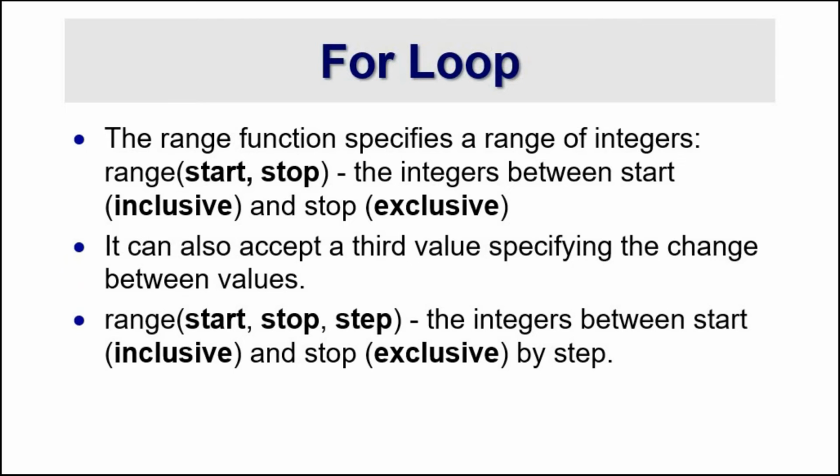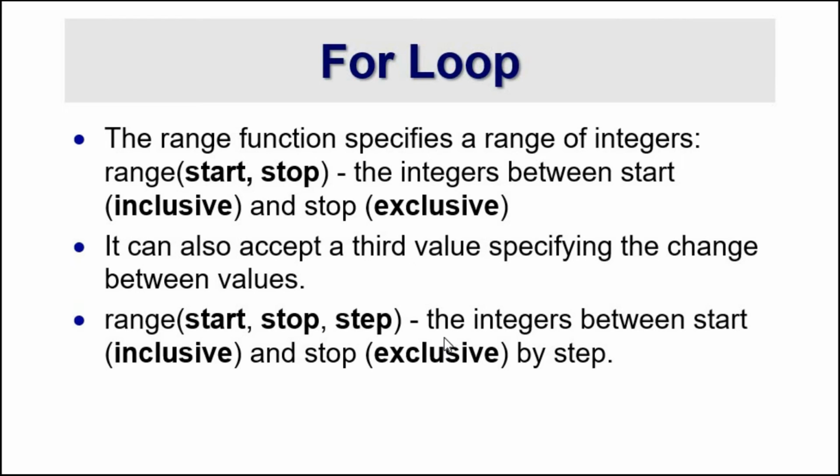Like if we enter 2 here, it will move by the order of 2, like 1 then 3, or from 0 then 2 then 4 then 6. Or if we put 3 here, it will move by 3, and if we put 2 here, it will print the even numbers. So this third step is also very important sometimes, according to the situation of the program. And the syntax is the same: the start is inclusive but the stop is exclusive.